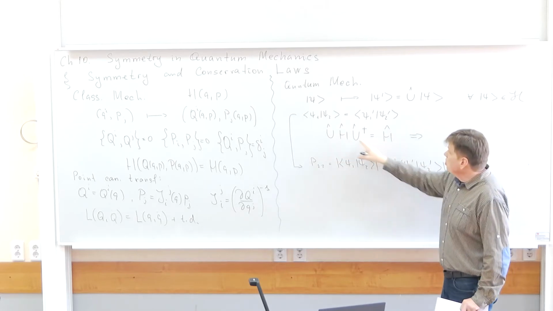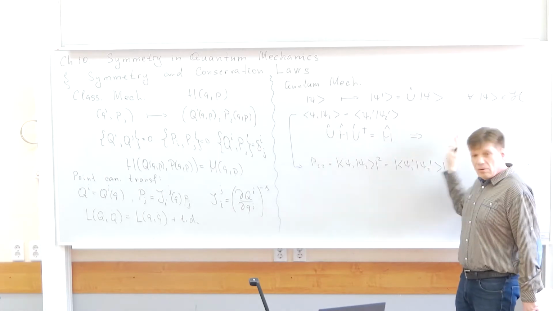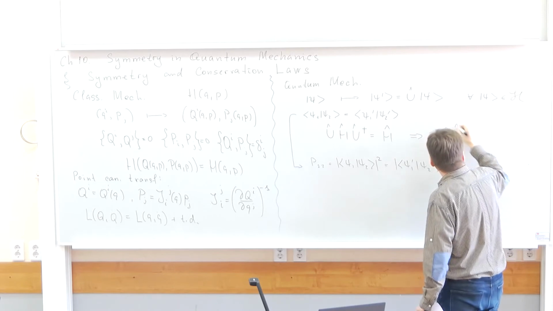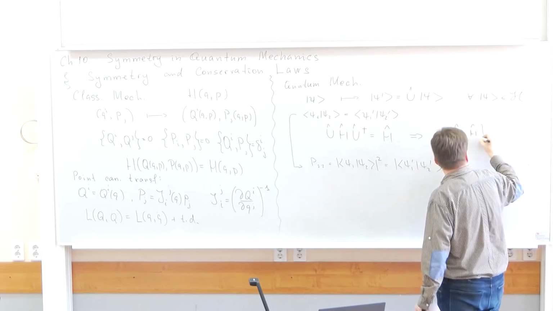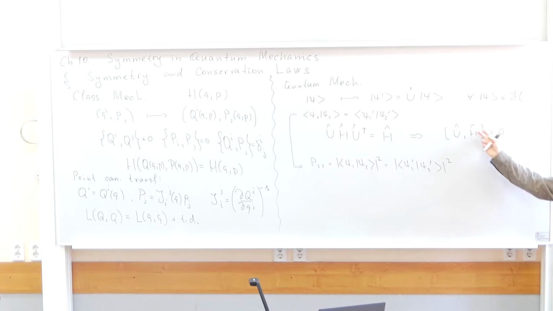We just multiply this expression by U on the right and get that the commutator of U with H is equal to 0. So any symmetry operator is an integral of motion. Its total time derivative in the Heisenberg picture is equal to 0.